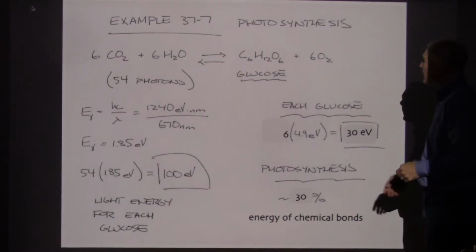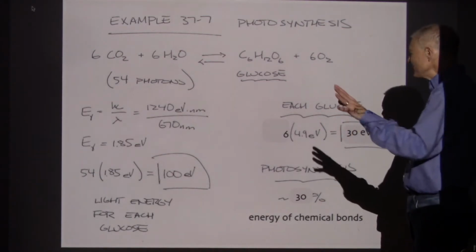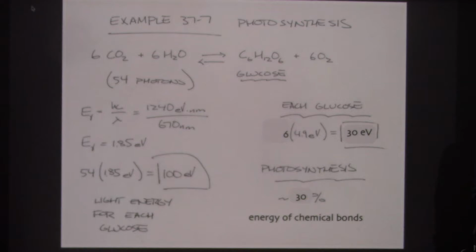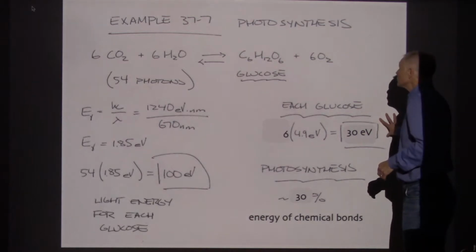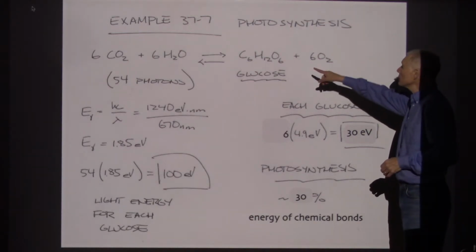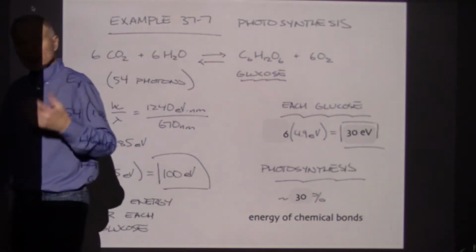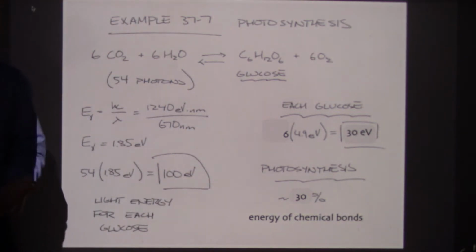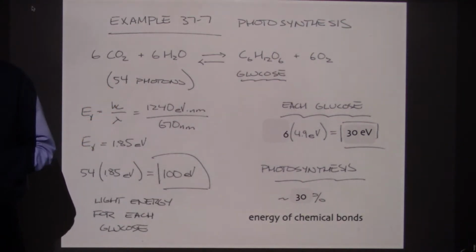What we find is that of the 100 eV that came in, about 70 eV is lost along the way. So that's just going to end up as thermal energy in the plant. But about 30 eV of that energy is still available in the glucose when we run the reaction in the opposite direction. And as you also know, when you metabolize glucose, you don't react it directly with O2.